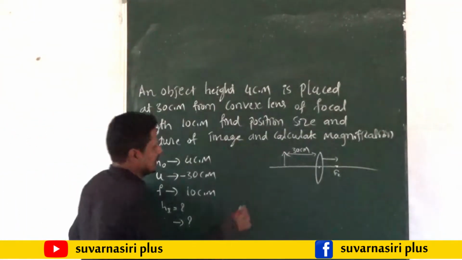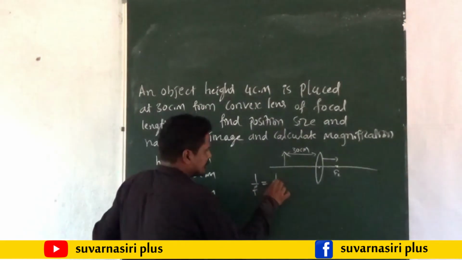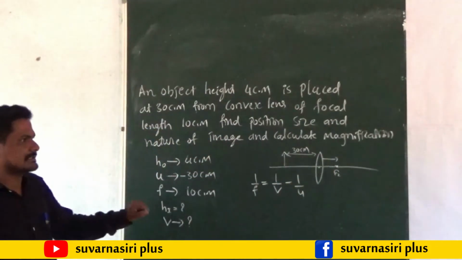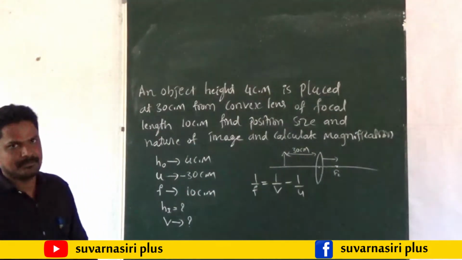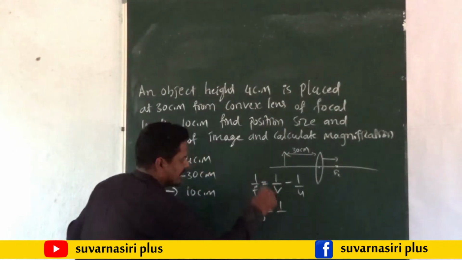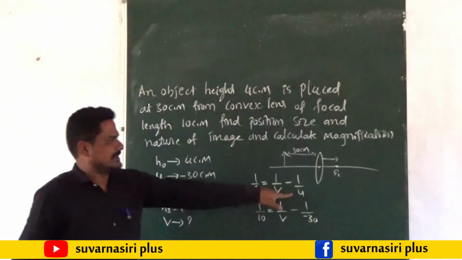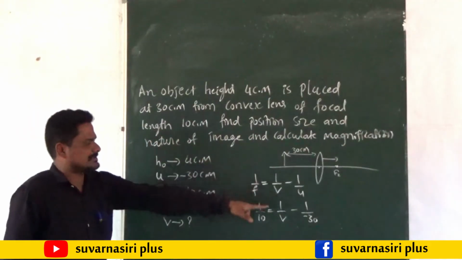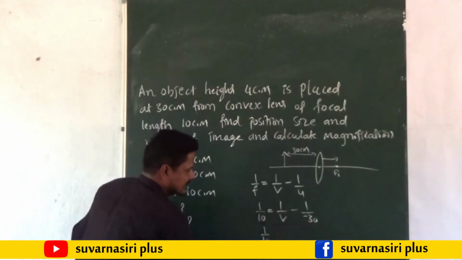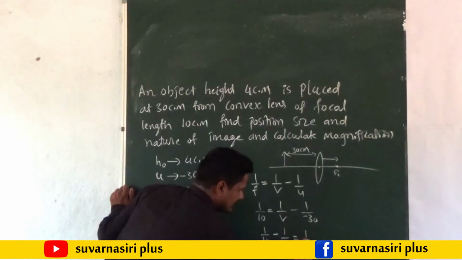So here we use the lens formula: 1 upon f is equal to 1 by v minus 1 by u. So 1 by 10 is equal to 1 divided by v minus 1 divided by minus 30, because u is on the left part, so minus 30. Minus into minus is plus, and that comes to this side as minus 1 by 30, equal to 1 by v.